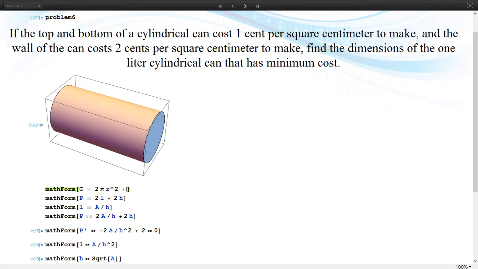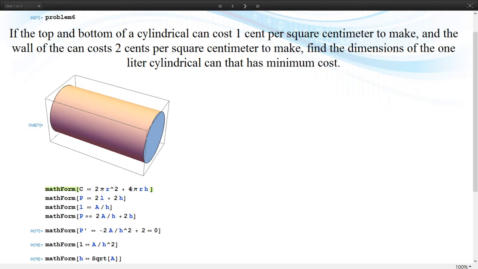And then the area of the wall of the can is, like before, the height of the can times the distance around the circle that makes up the base or the top of the can. So that's going to be 2 pi r, that's the distance around the can, times h, but then times 2 cents. So 2 times 2 is 4. I could have placed this in dollars.